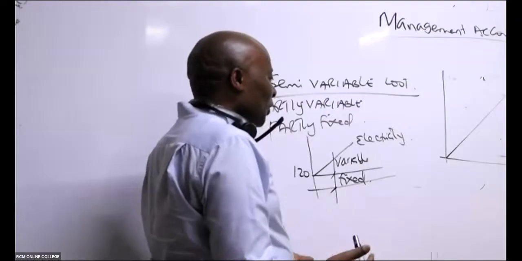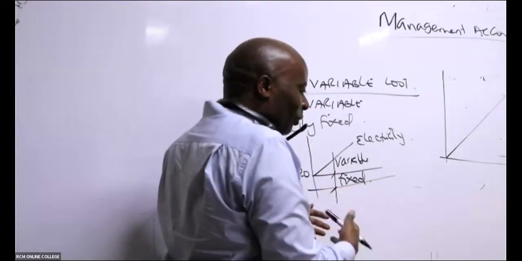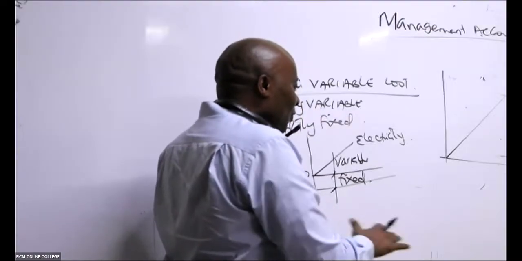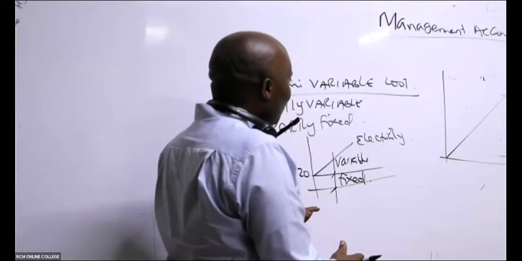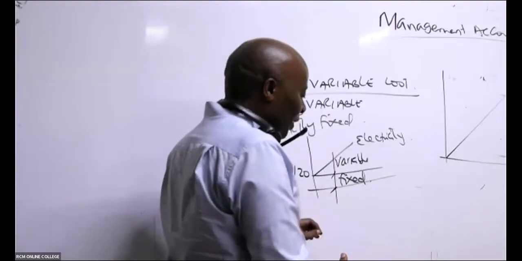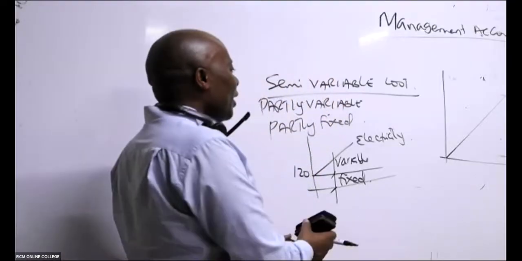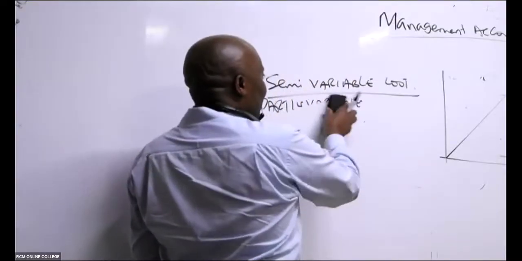Why are you still charging me? But these people have given you their meters, so you have to pay some rental fees for them. That rental fee is fixed and applicable to everybody. So there are those costs that have to be in the bill whether you like it or not. So that is semi-variable.